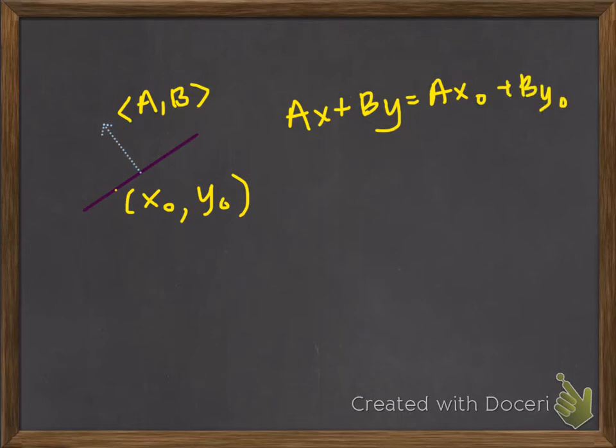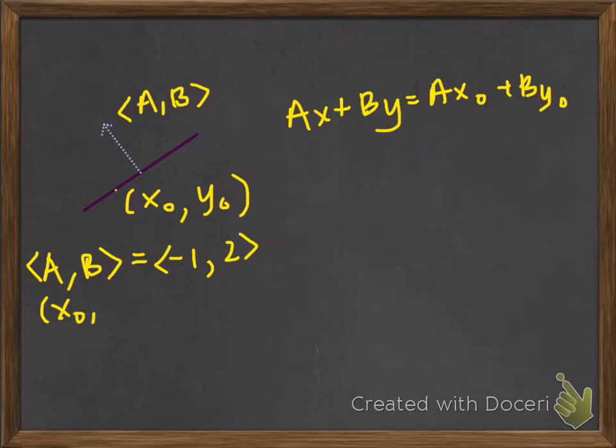Refer back to the question just now. Our (a, b) is the normal vector. The gradient of f is (-1, 2), and the point (x0, y0) is (-2, 1).